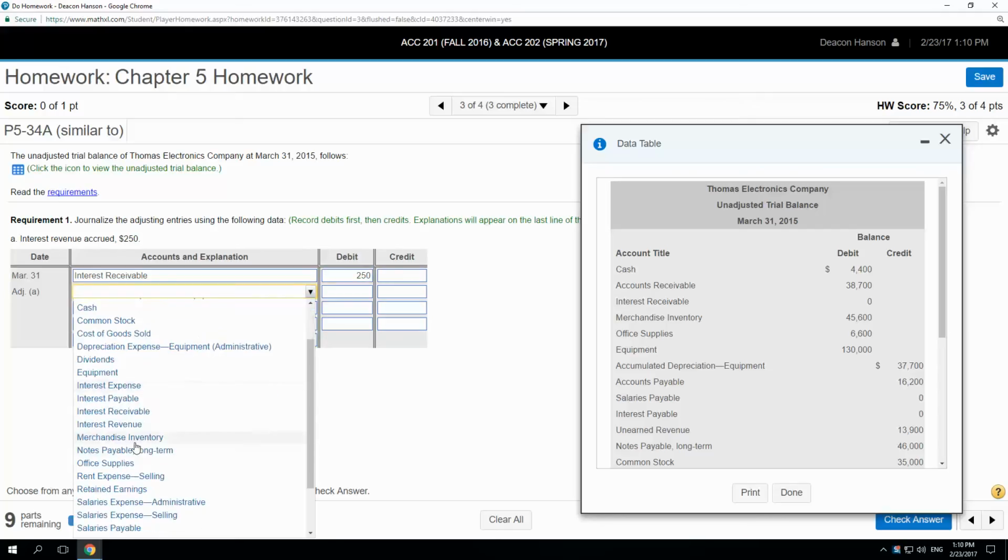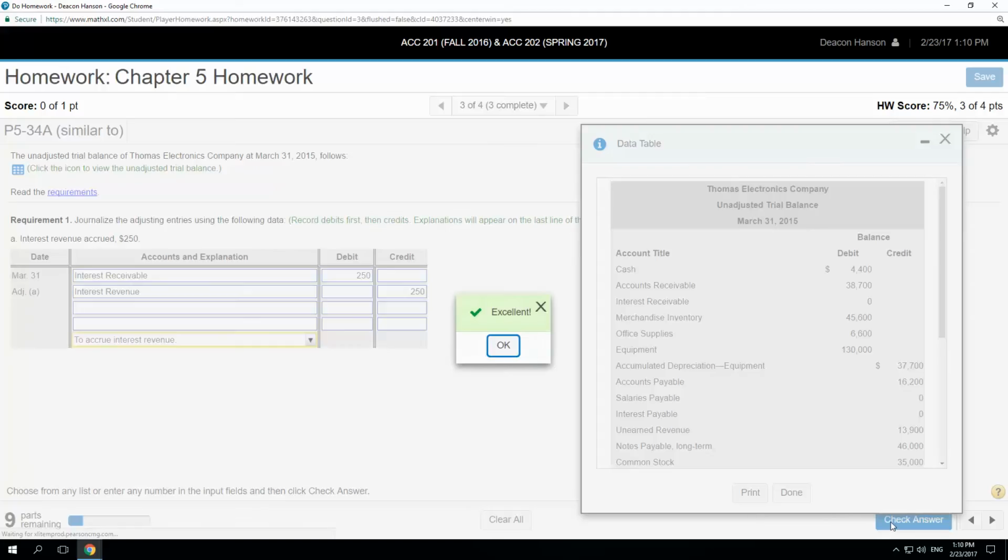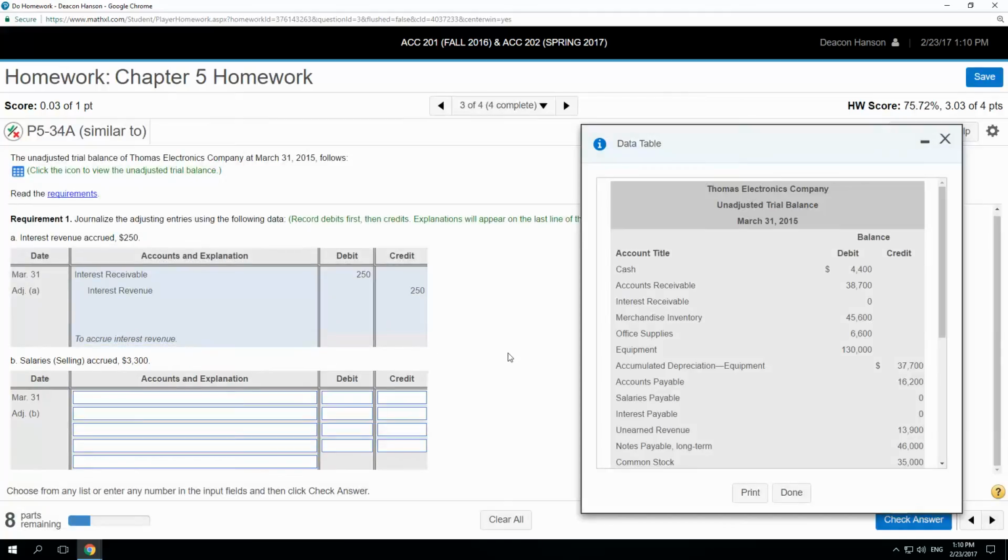So we're going to increase revenue, specifically interest revenue, by 250. Okay, so that'll be the entry to accrue interest revenue. All right, makes sense. So you got a receivable, which is an asset, and then you have more revenue. It's just that it's in a different category of revenue called interest revenue. Okay?